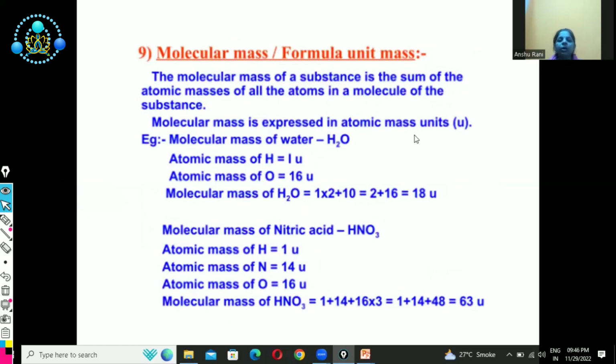Then comes molecular mass. Molecular mass means you have to add up the mass of the different atoms. Like you are having H2O. The mass of hydrogen is 1. So 2 atoms of hydrogen make 2, plus 16. So it will give you 18 units. That would be the mass of one formula unit of water, which is 18.